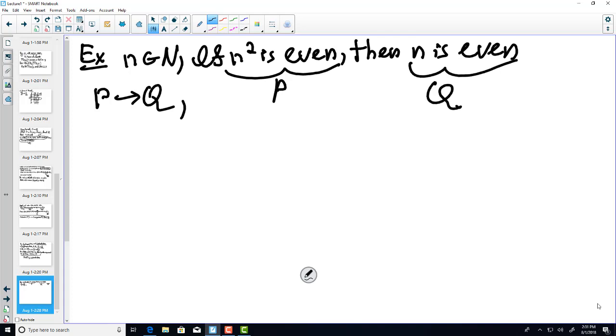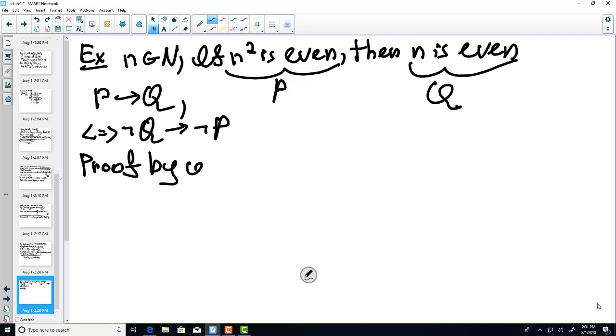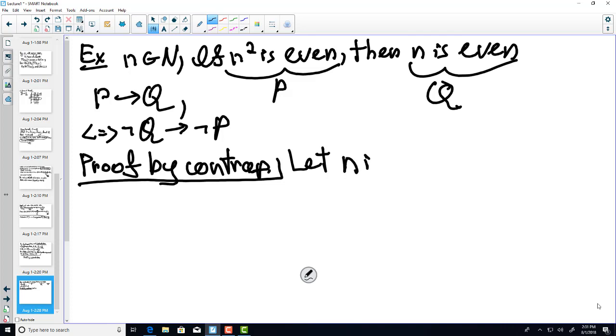So we start by negating Q. The proof by contrapositive is the following. We start by contradicting Q, which means n is not even, so it's the same as n is odd.